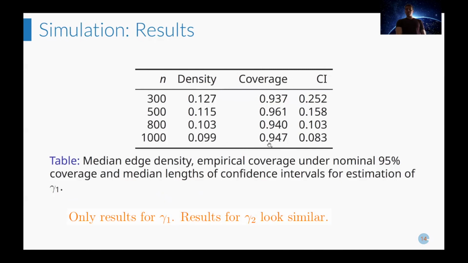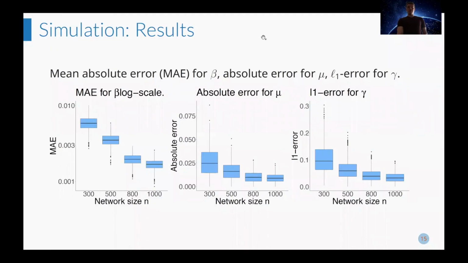And when we construct 95% confidence intervals, then the empirical coverage is actually quite close to that 95% nominal value. And the median length of our confidence intervals is decreasing as desired. If we look at the absolute errors that we commit, we see that they all decrease with increasing sample size, which is what we want.